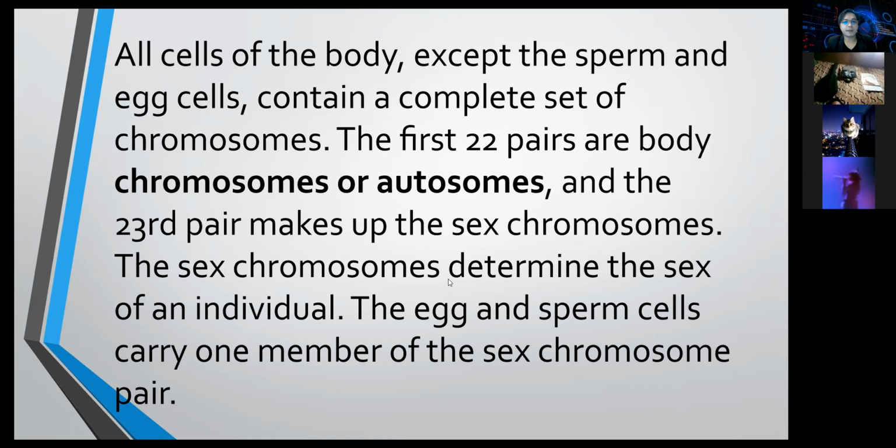If we have 23 pairs, most probably 44 chromosomes are the body chromosomes or autosomes. How about gonosomes or sex chromosomes?